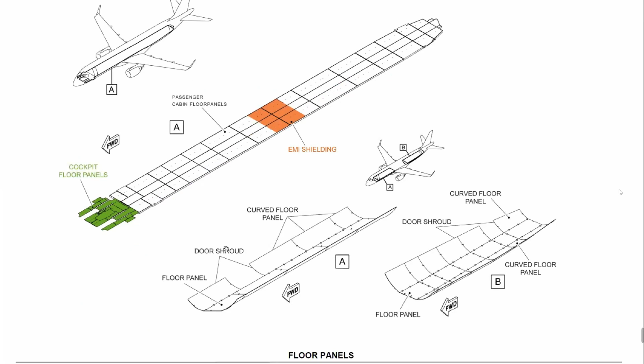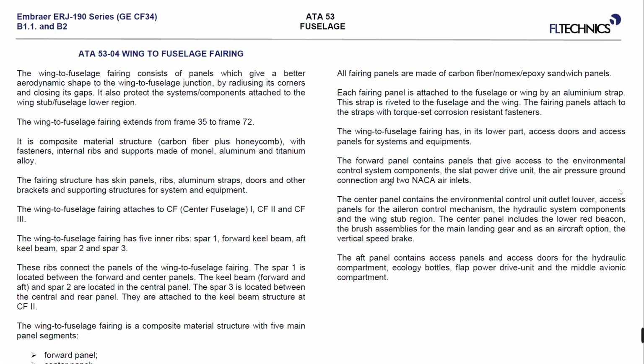Okay. Wing to fuselage fairing. Wing to fuselage fairing is between frame 35 and frame 74. Composite materials providing aerodynamic shape in this wing to fuselage junction. Also, as we said, it is covering the components from many different systems which are below the fuselage, but above this wing to fuselage fairing.